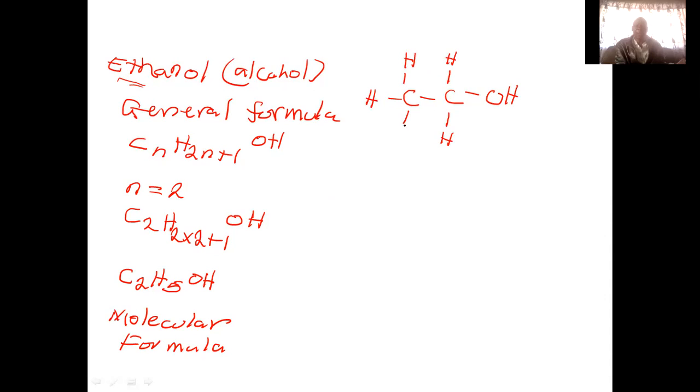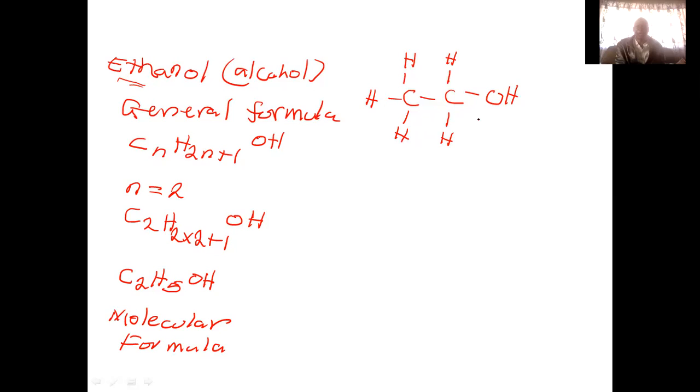And you notice that each carbon atom has 4 bonds around it, because each bond actually carries 2 electrons, meaning that there are now 8 electrons being shared here.